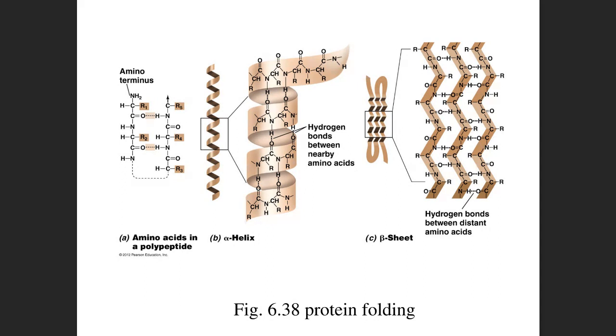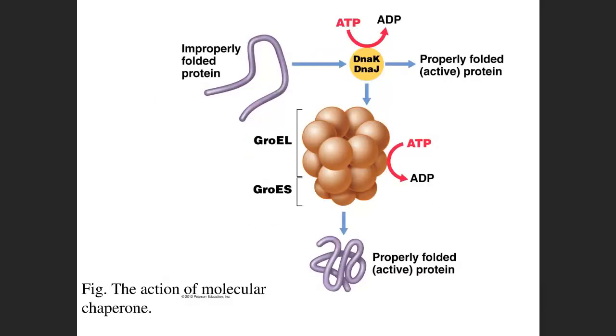Now, obviously, sometimes things go wrong. Proteins get misfolded. And then what? If you have a misfolded or improperly folded protein, then you put it through a molecular chaperone.